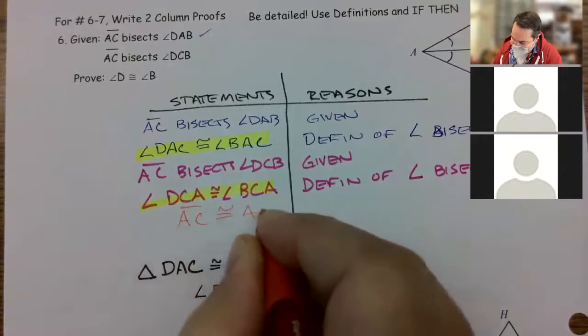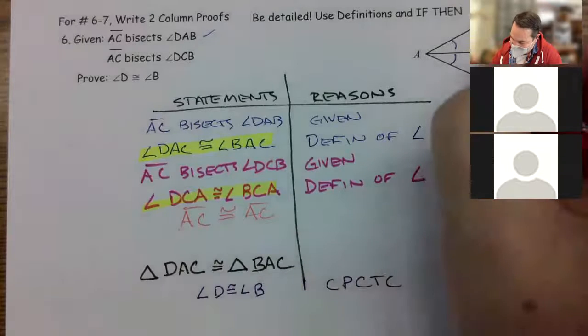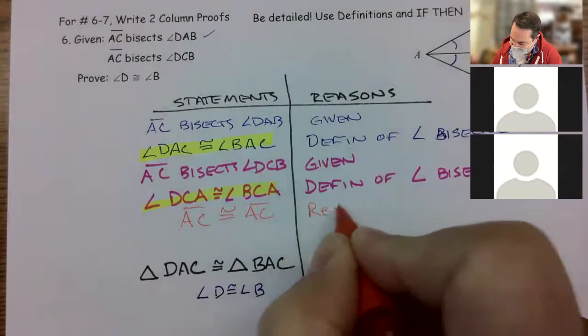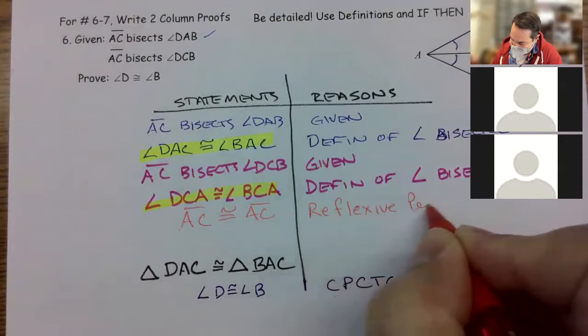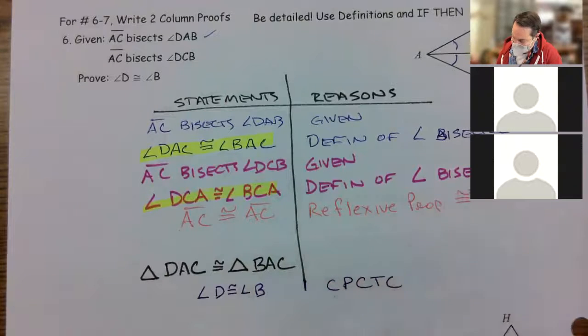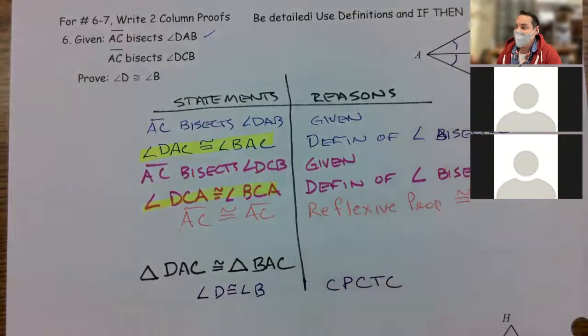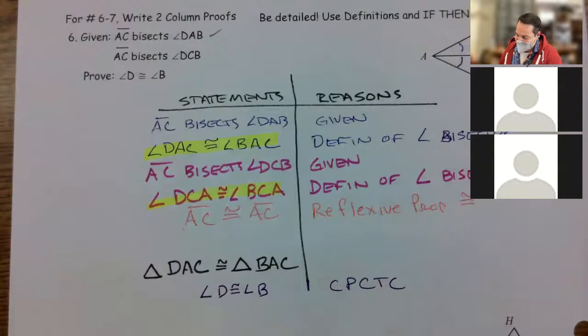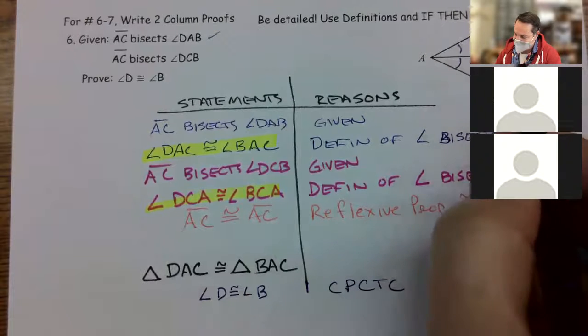Good. AC is to AC, which gives us a side. And the reason for that is reflexive. Good. And with that in place, I can now make those marks in my picture. And now it's easier for me to see these triangles are congruent by what? ASA. Good.